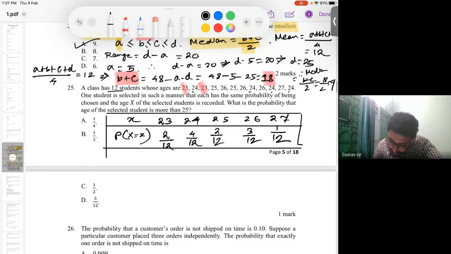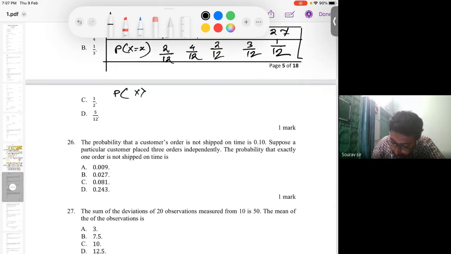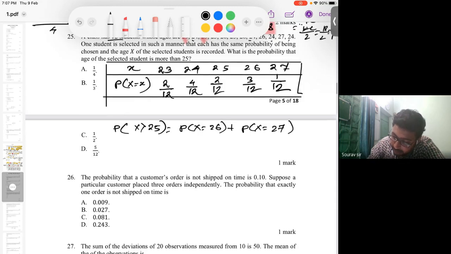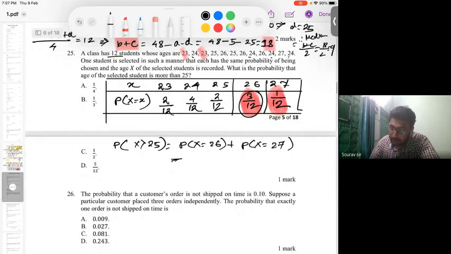Now the question is, what is the probability that the age of the selected student is more than 25? P(X > 25) is equal to P(X = 26) + P(X = 27), since the ages more than 25 are 26 and 27.